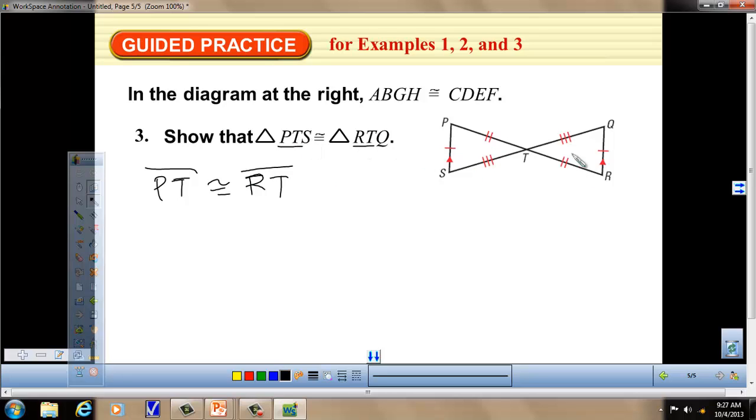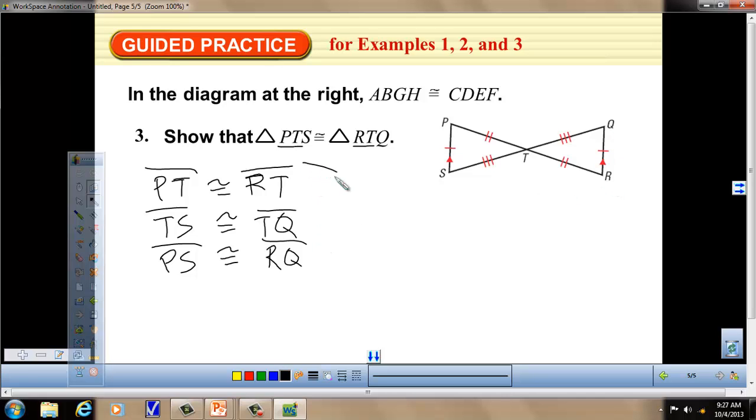Try to do both. Look at this and then look at it here. Make sure it matches. So then we have TS congruent to TQ. And again, here's TS, here's TQ. And PS is congruent to RQ. And PS and RQ.